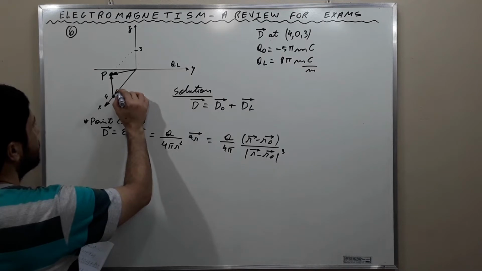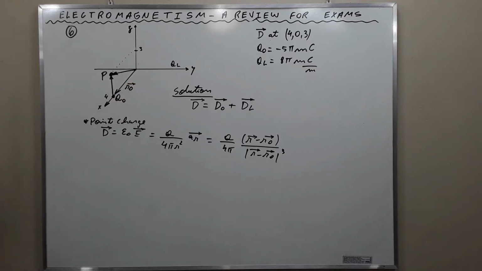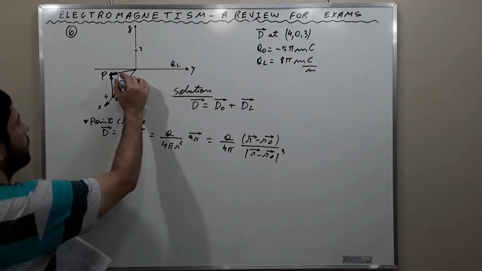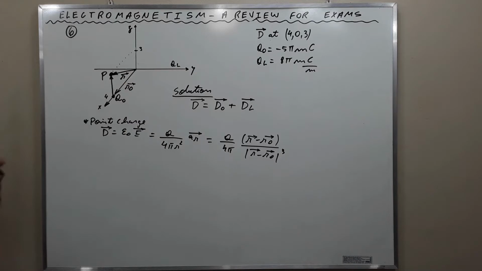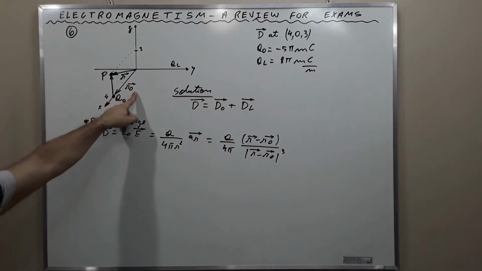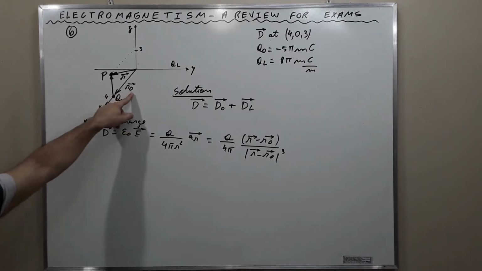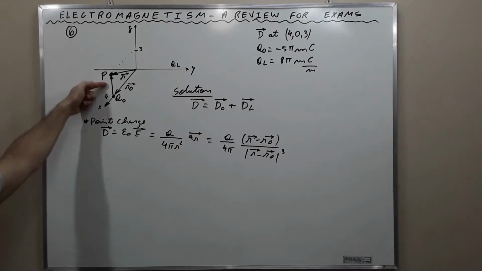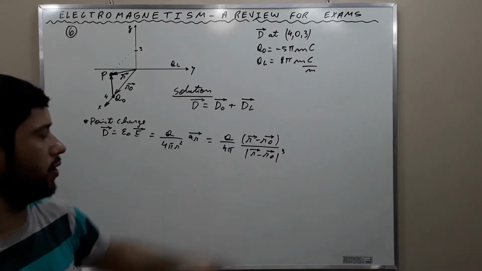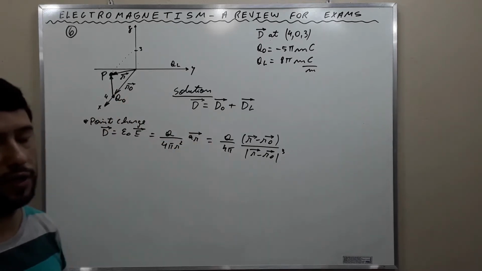r0 is this vector here, all right, and r is this. r positions the point, and r0 positions the charge. r minus r0 is this vector here that goes from the charge to the point, okay? And we use r and r0 in this expression in this form.